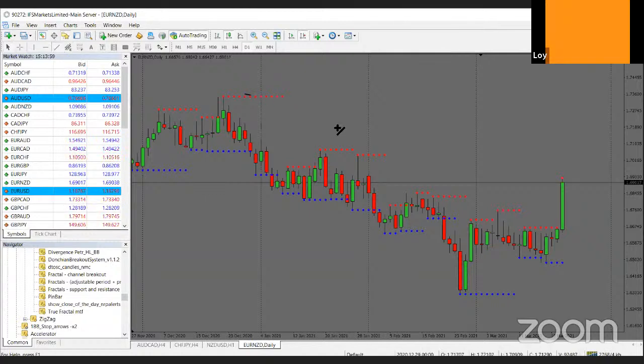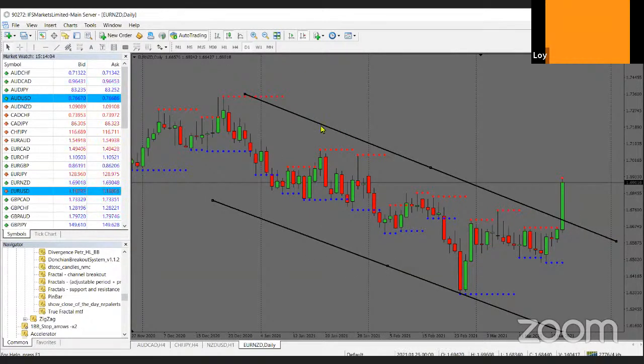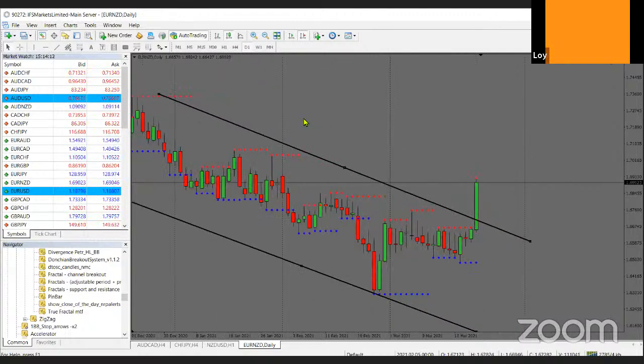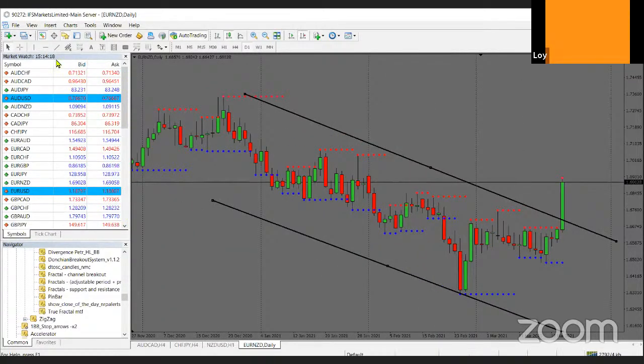You can see that there will be a channel here. If you have an established downtrend, you have your consistent lower high, lower low, lower high, lower low. Simply just trade the retest of the horizontal level. This is the most clear-cut and easiest way that you can actually use this particular indicator.